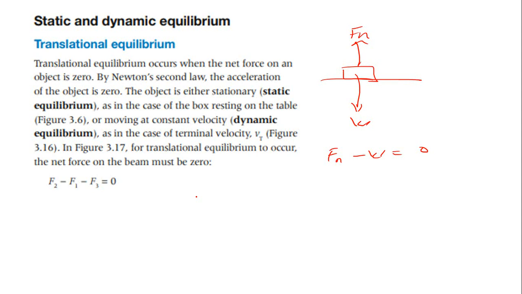Now, let's talk a little bit about static and dynamic equilibrium. Here we have what we call translational equilibrium, and it says that translational equilibrium occurs when the net force on an object is equal to 0. By Newton's second law, the acceleration of the object is 0.